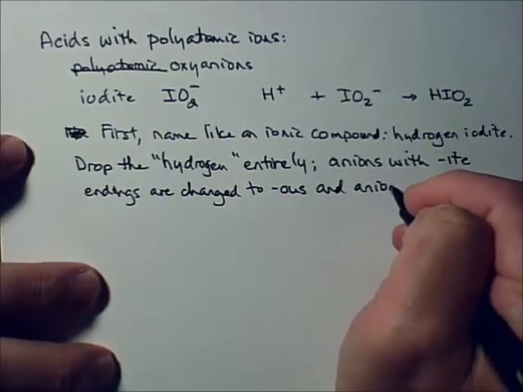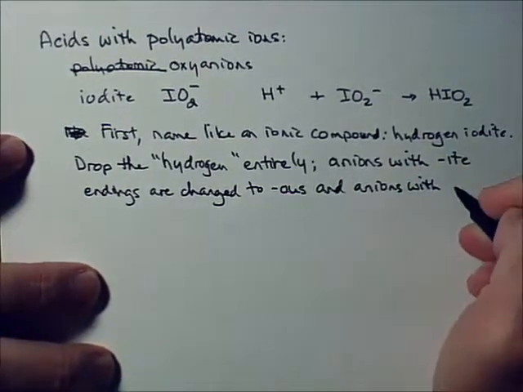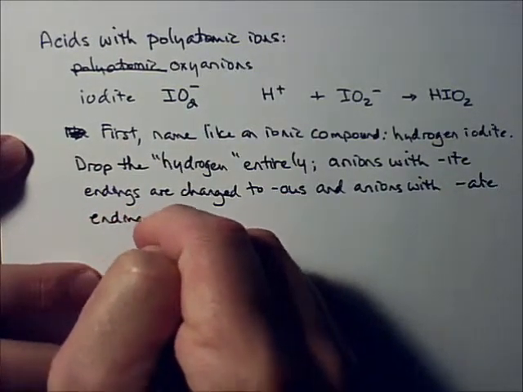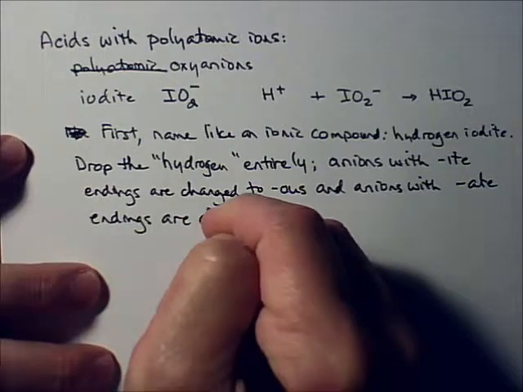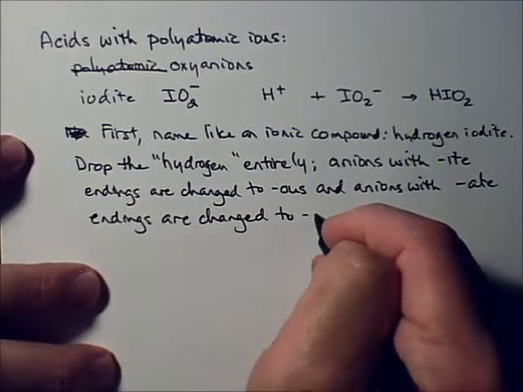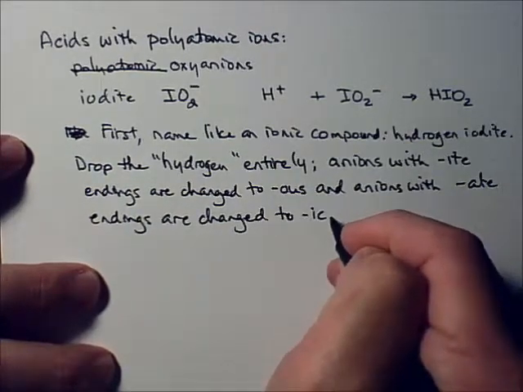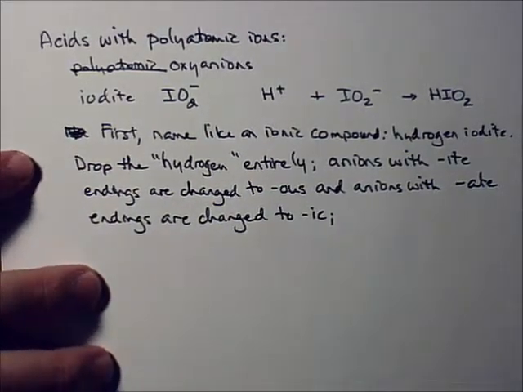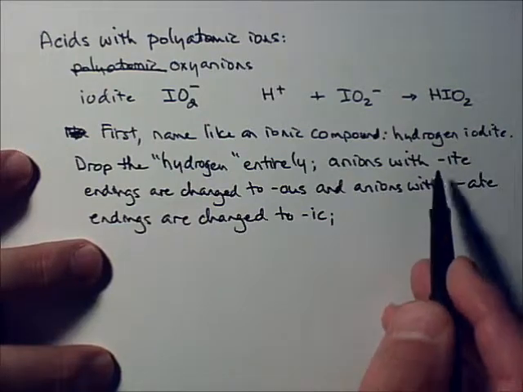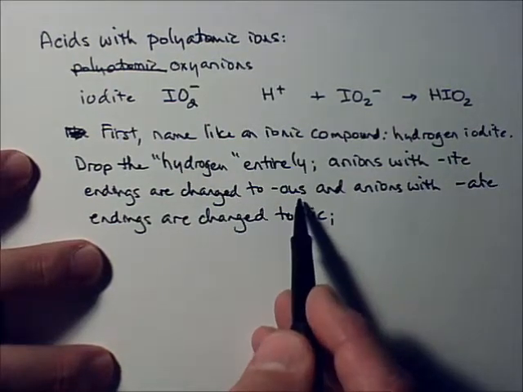And anions with ATE endings are changed to IC. Iodite, ITE gets changed to OUS.